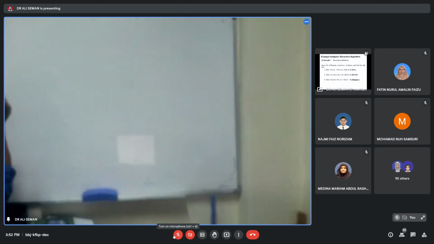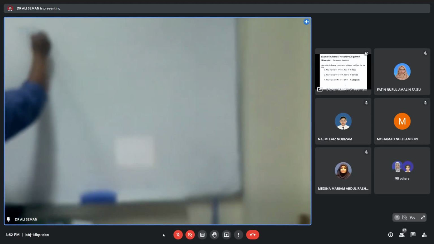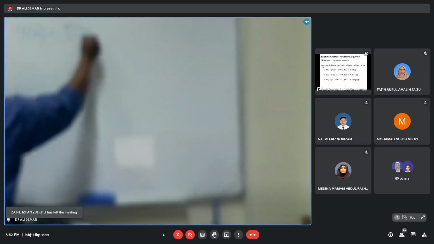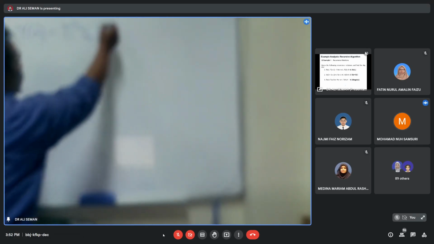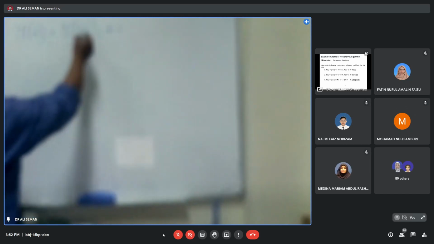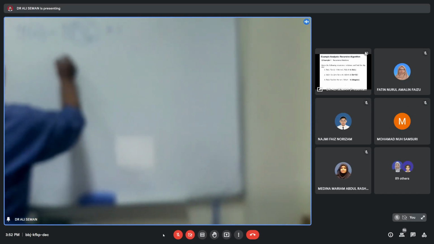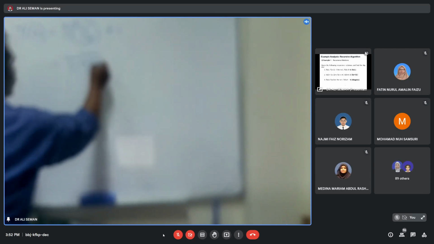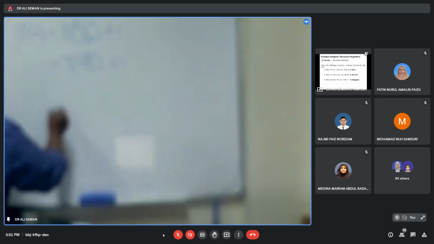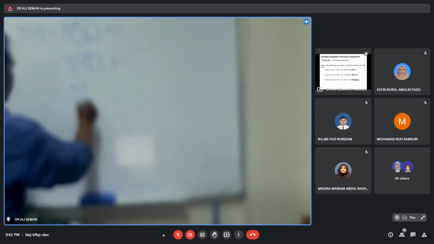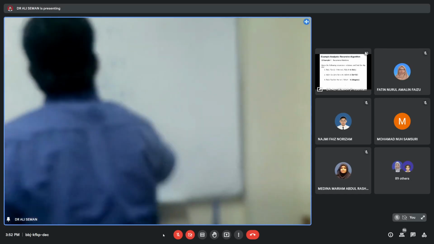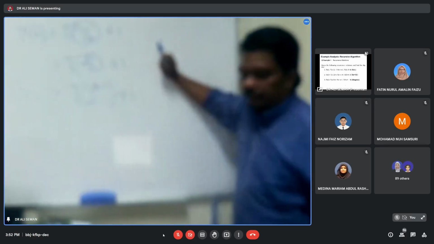Yang sama tadi kan? T of n equal to T of n over 2 plus 1. So ini kena tukar jadi T of 2 power k over 2 plus 1. Okay, kena tukar lagi jadi T of 2 power k minus 1 plus 1, because we need to form this k minus 1.